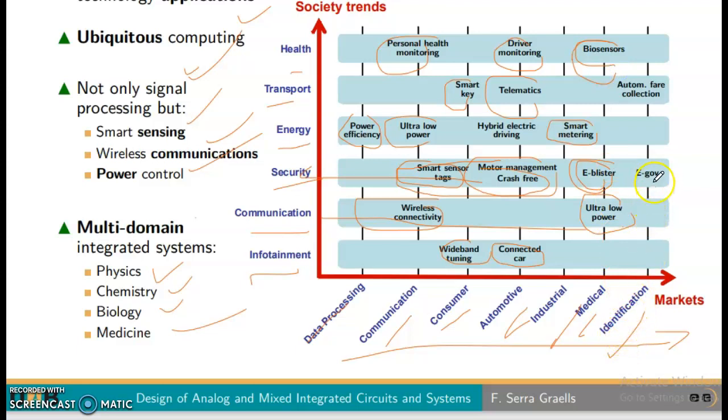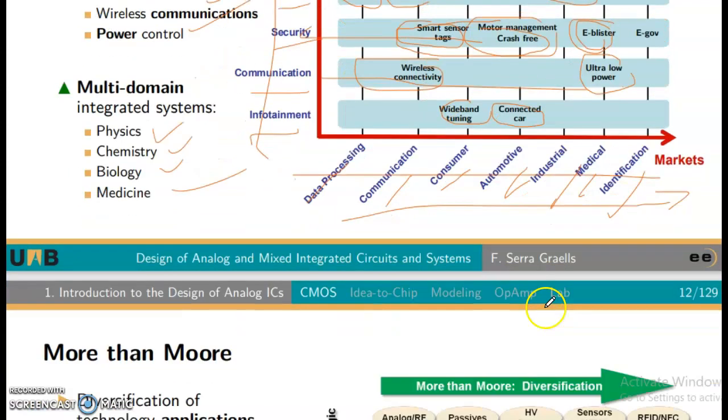Identification: e-government under security, automatic fare collection in transport. This is the side for social trends, on the y-axis, and markets on the x-axis.